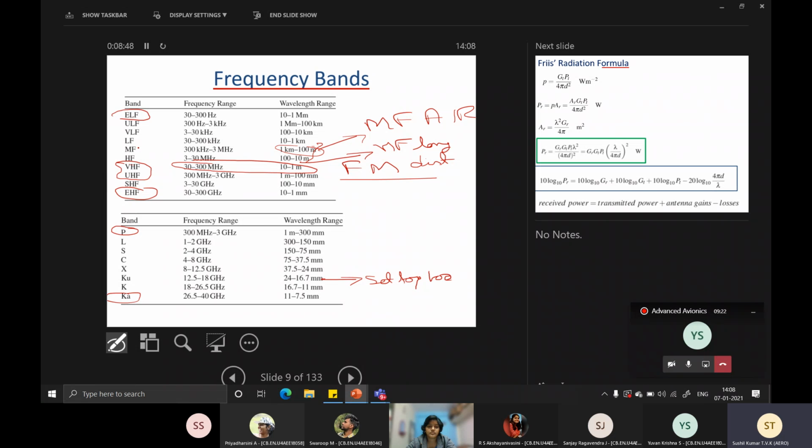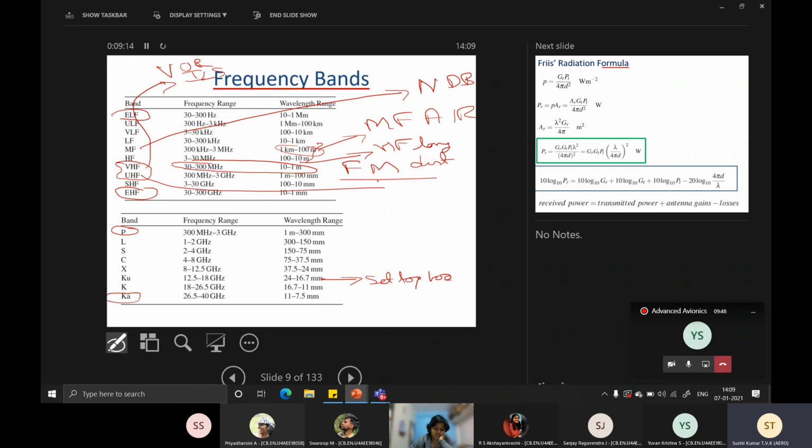So typical MF application in aviation is what we saw last semester, NDBs, non-directional beacons. They operate on the MF band. VHF is VOR, ILS, and all this stuff. Okay, they all operate in this VHF band.